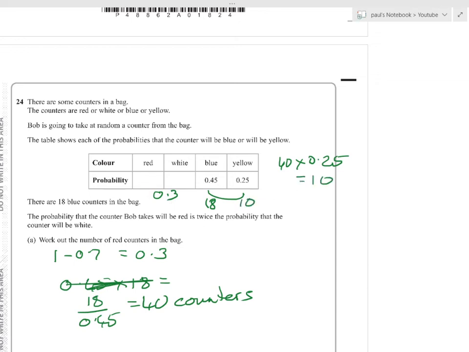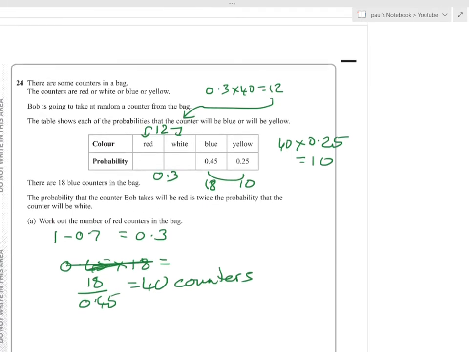And so we've got 0.3 times 40, which is 12. So here we've got 12 altogether between the red and white. Now the probability that the counter Bob takes will be red is twice the probability that the counter will be white.